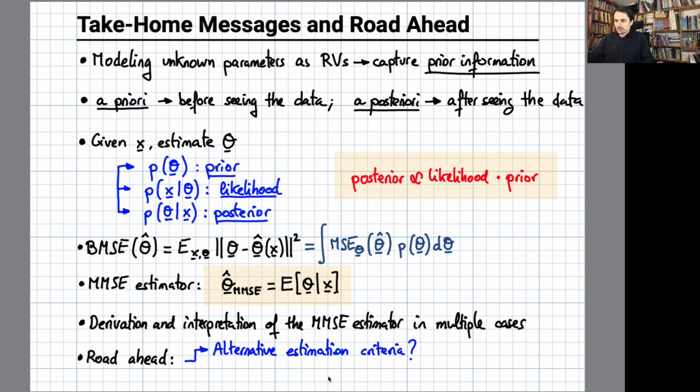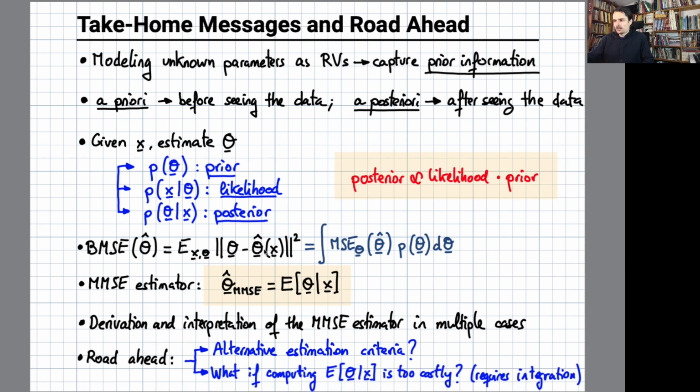What remains is to look into alternative estimation criteria, right? Because the MSE, or BMSE, has certain limitations. In particular, it doesn't really account for the fact that certain errors may be more costly than others, and this metric doesn't really care about in which direction this error is pointing, right?